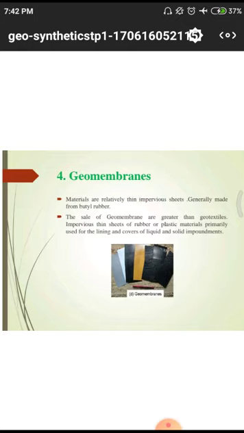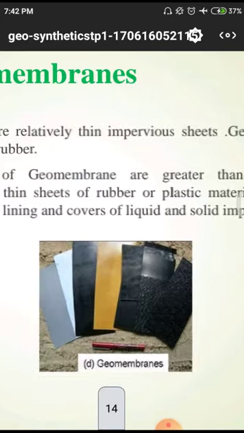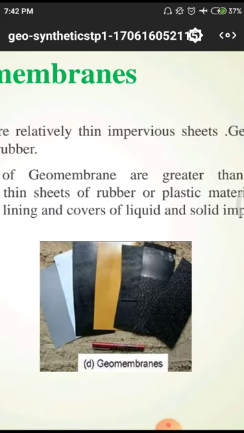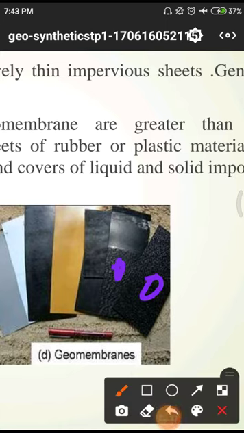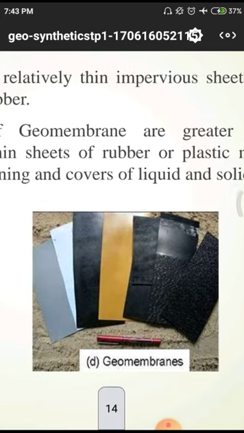In the bottom figure we have to observe the structures of these geomembranes. Normally in different areas we are using them. In cars also we are having these small rubber-like materials, those are also simply these geomembranes.